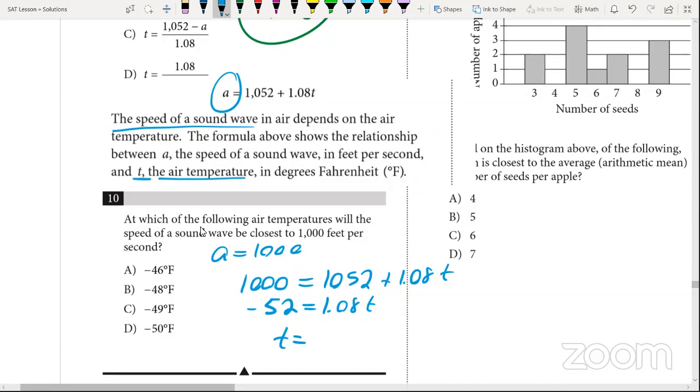So negative 52 divided by 1.08 is negative 48.148 on my calculator. So the closest that we have, because they asked for the closest, is B on number 10.